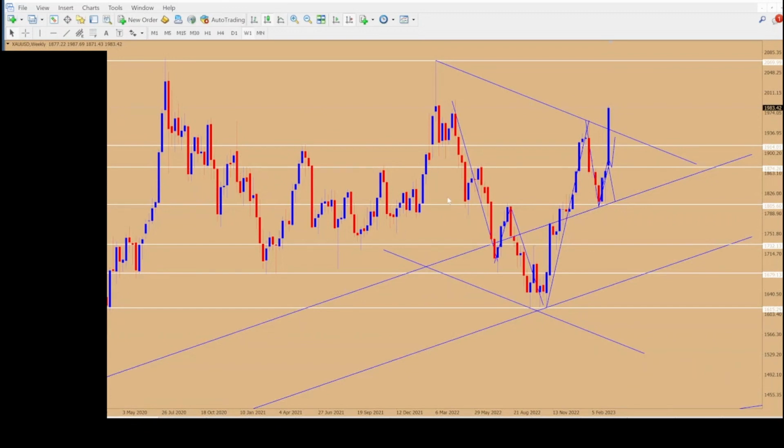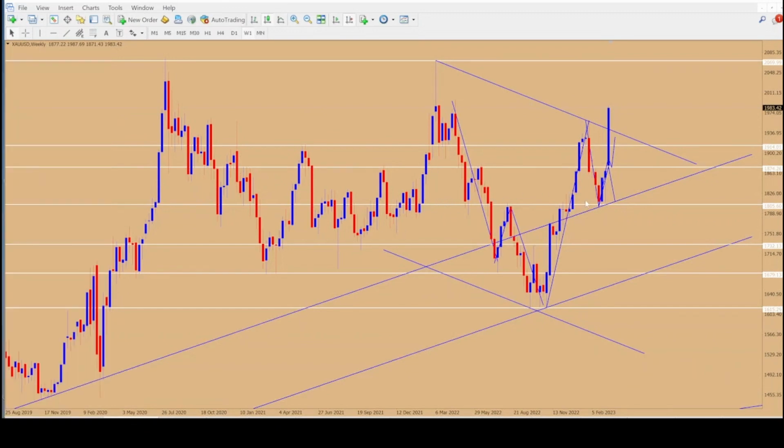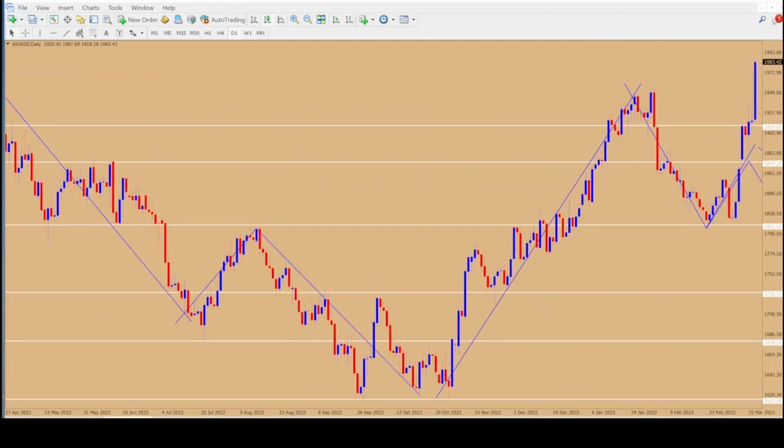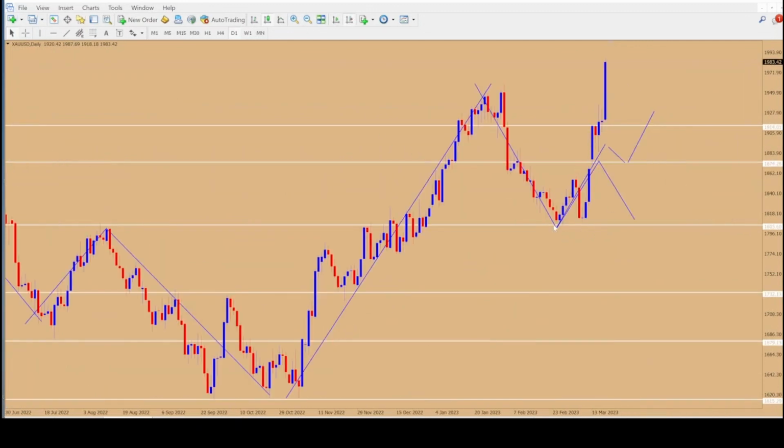So for gold, XAUUSD, we can see that gold has broken above this diagonal resistance now. I think the analysis from last week was quite accurate.